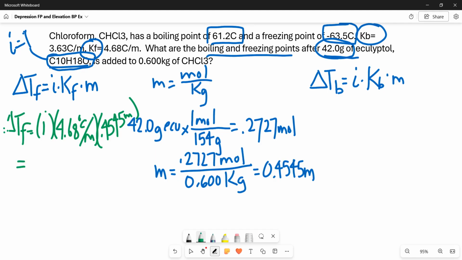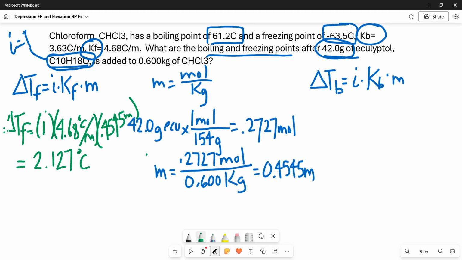Okay, so if I calculate this, the temperature for freezing is going to change by 2.127 degrees Celsius.